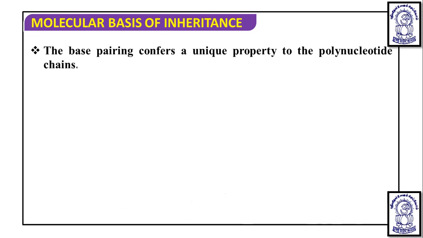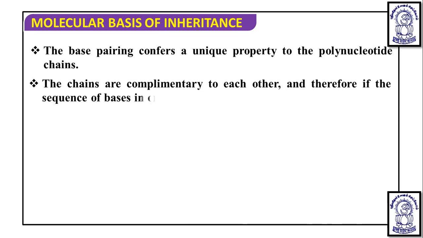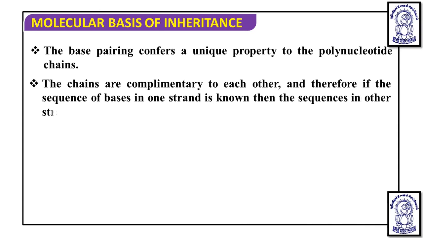The base pairing between the two strands of DNA, that is between adenine and thymine and guanine and cytosine, confers a unique property to the polynucleotide chain. These two strands are complementary to each other, meaning adenine is complementary to thymine and guanine is complementary to cytosine.